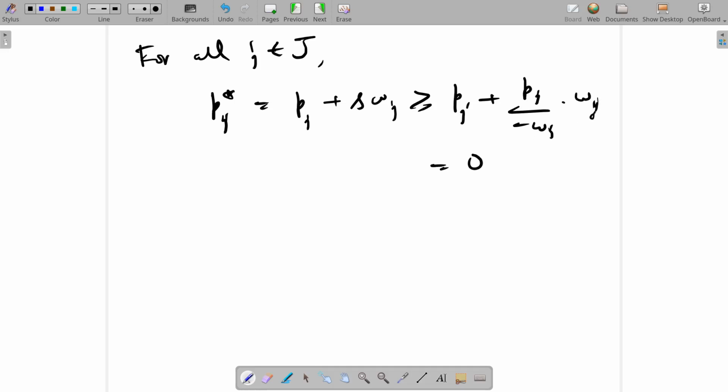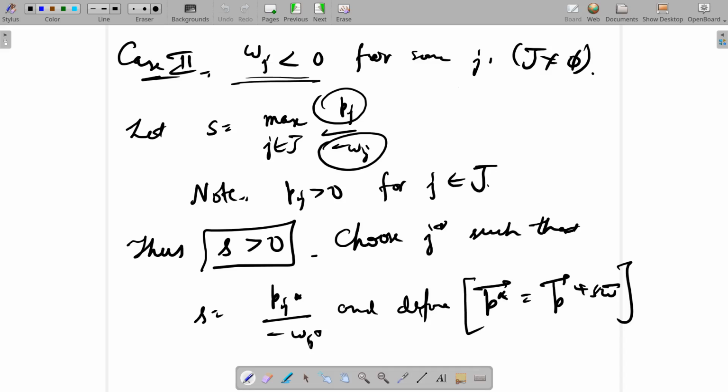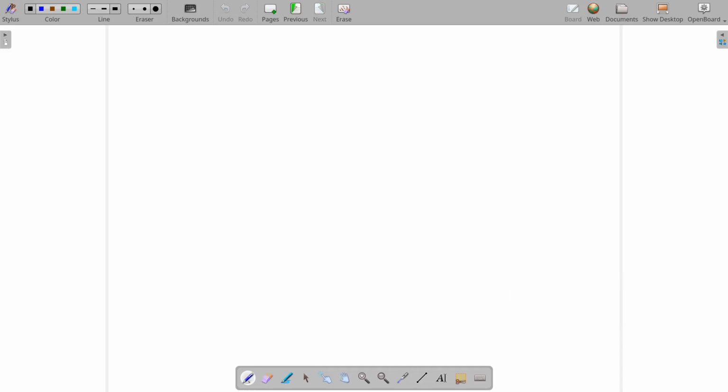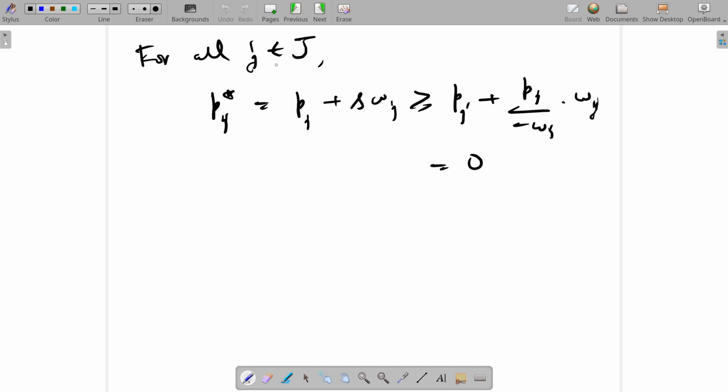So this is precisely equal to 0. So what we have concluded is, for all j in J, pj star is bigger than or equal to 0, and for all j not in J, of course we have pj is bigger than or equal to 0. So the sign constraints are satisfied.